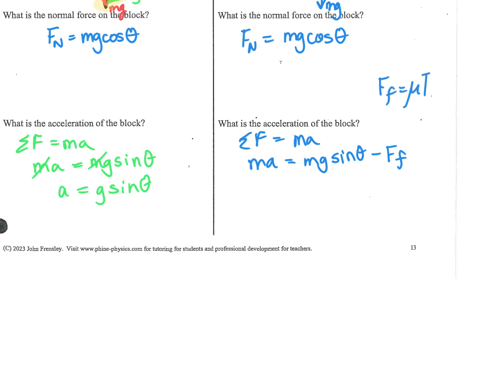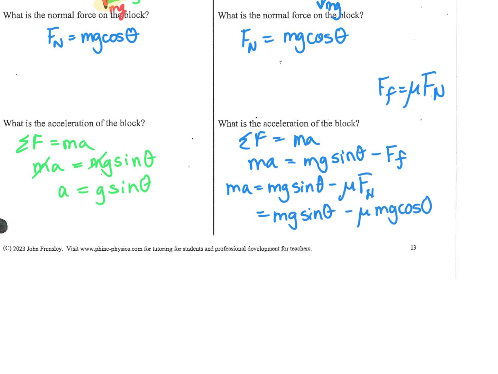So we're going to plug that in. We get MA is equal to mg sine theta minus mu times the normal force, which is mg sine theta minus mu mg cosine theta.